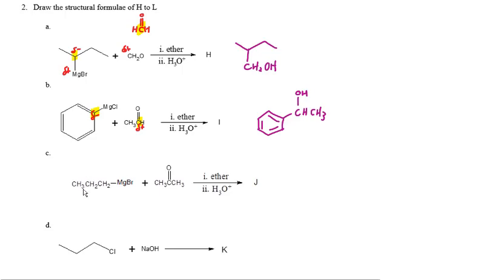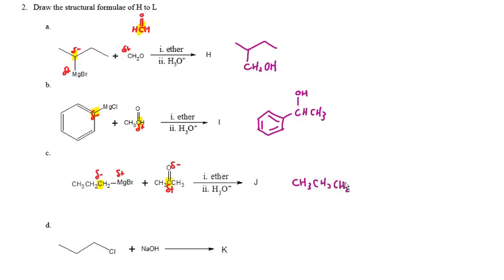And next one, we have a Grignard reagent. So remember to label our delta negative carbon and the delta positive magnesium. And it reacts with a ketone in ether solvent in our first step, followed by hydrolysis. In the ketone as well, we have a delta positive carbon and delta negative oxygen. So the reaction happens between the nucleophilic carbon in the Grignard and the electrophilic carbon in the ketone.